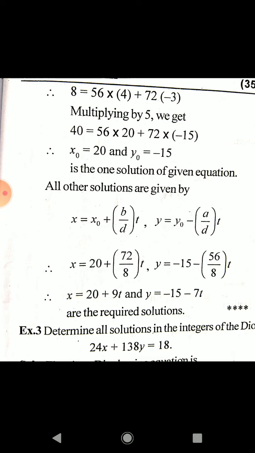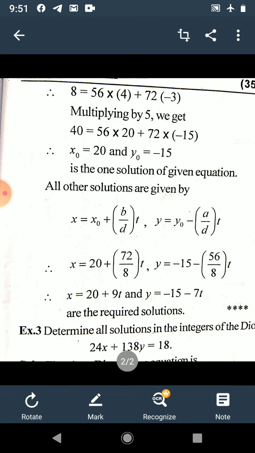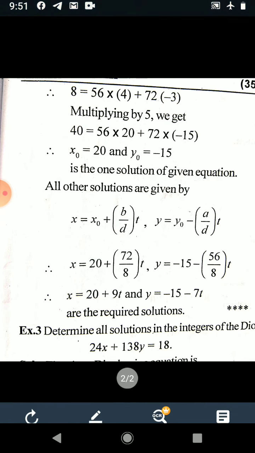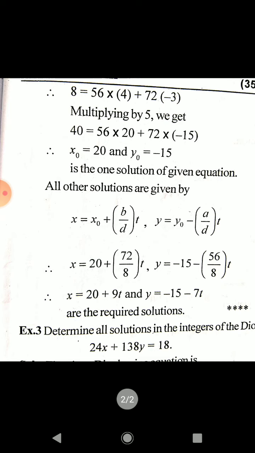That means there are infinite number of solutions in the integers, because here t is any integer. Okay, student, this is a very simple procedure.